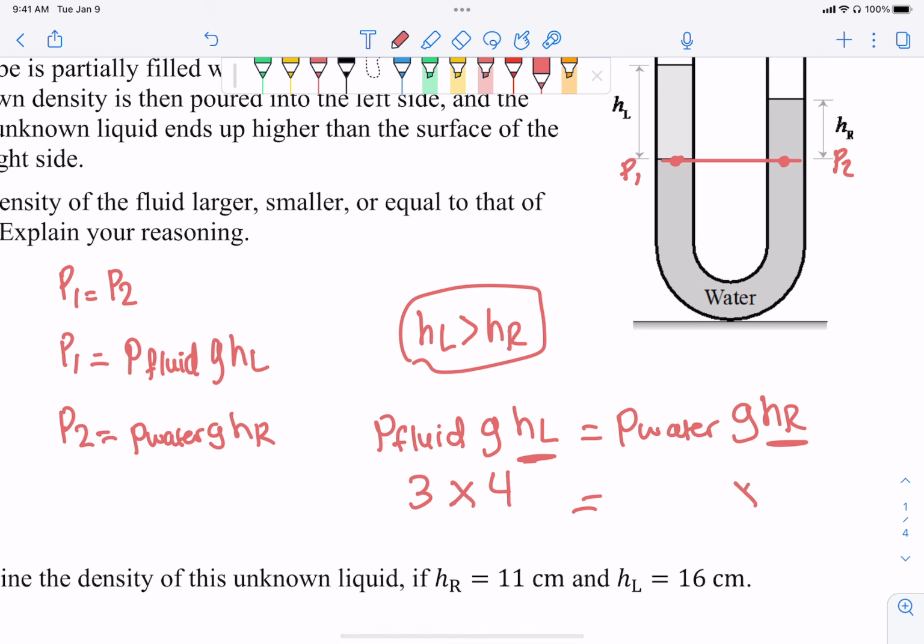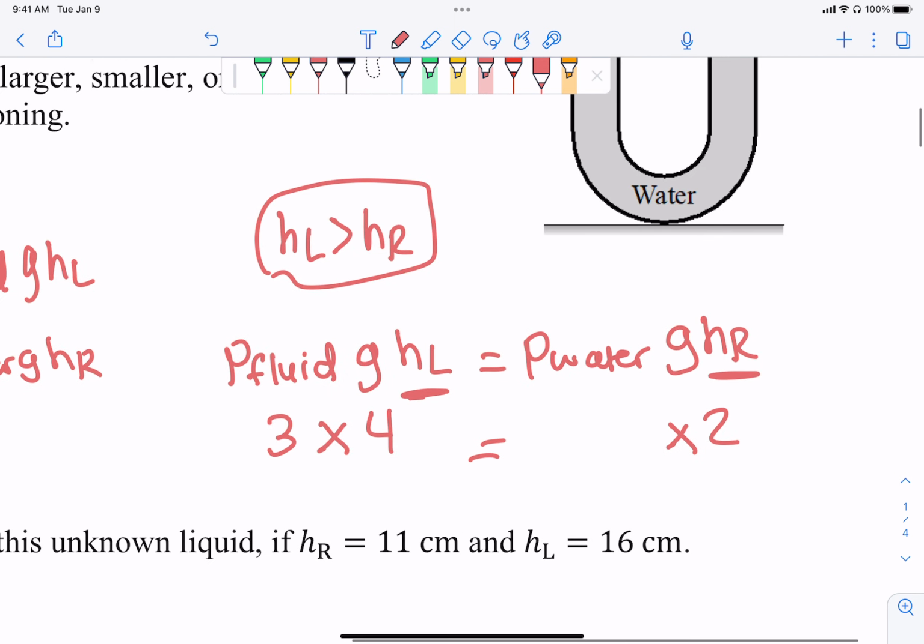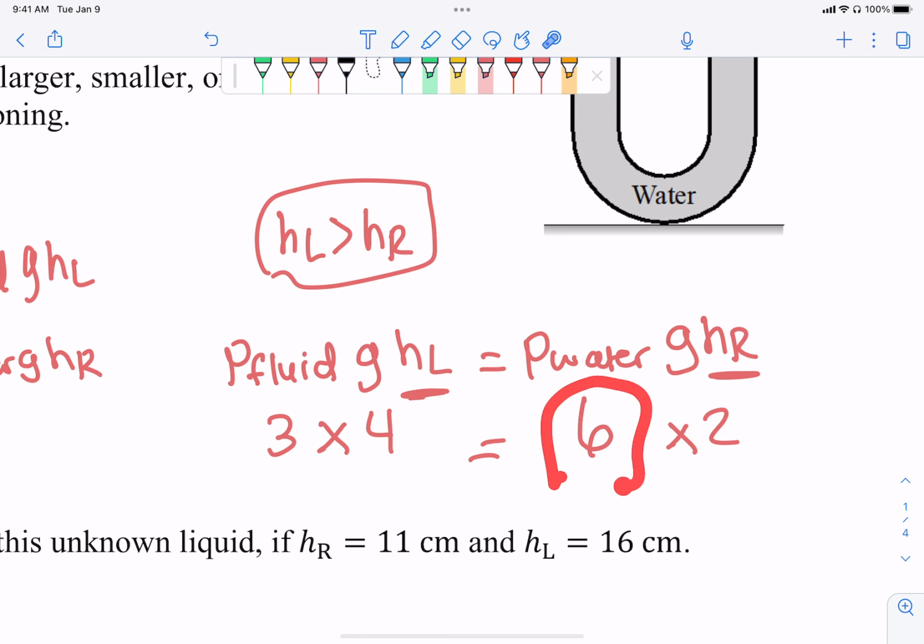So let's say that this is times 2, so HR is 2 centimeters. What number would I have to multiply by to still get 12 on the right side? Just 6, right? So you can really easily see there that the density of water is going to be greater than the density of fluid.